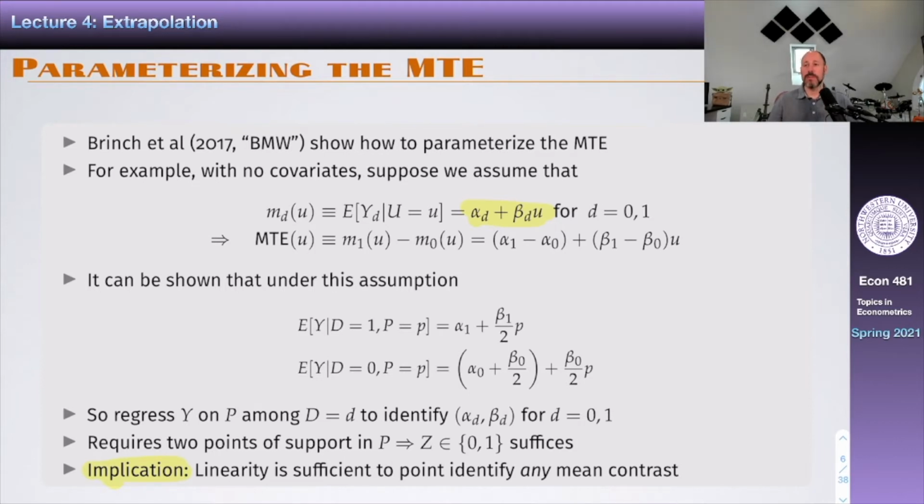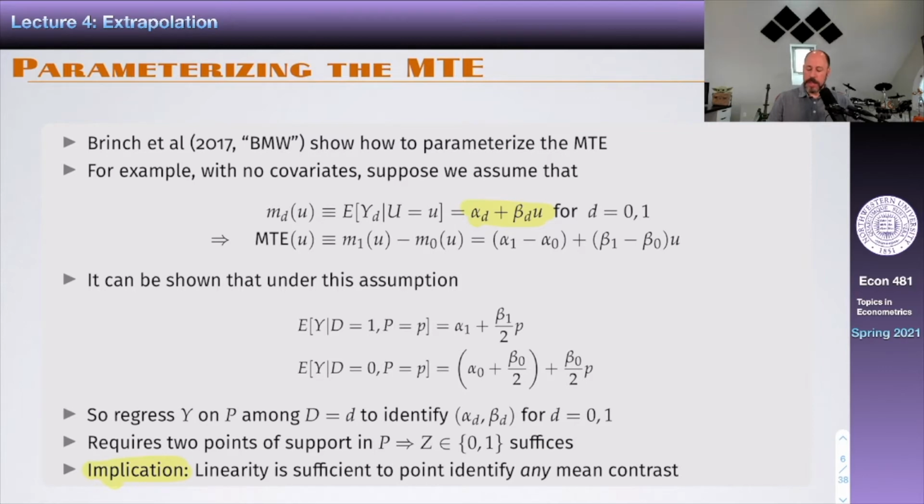Of course, we're imposing an assumption, but you see that this is not assuming that there is no unobserved heterogeneity. The marginal treatment effect function actually depends on u, it is not flat in u, which would mean no heterogeneity. So it is allowing for heterogeneity, just a specific type.